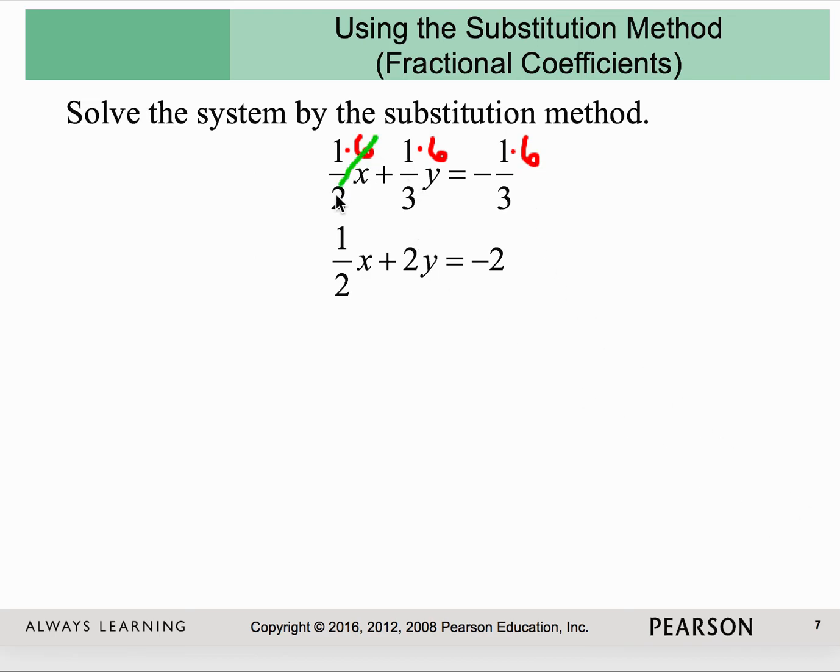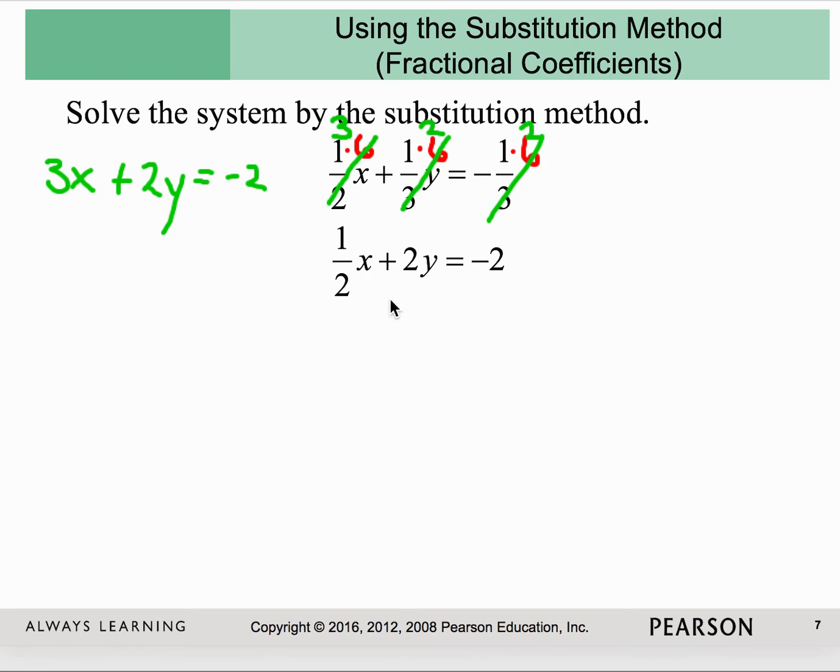Okay, that means 6 divided by 2 is 3. So now I have 1 times 3x. Here 6 divided by 3 is 2, so 1 times 2y. And here 6 divided by 3 is 2, so -1 times 2.